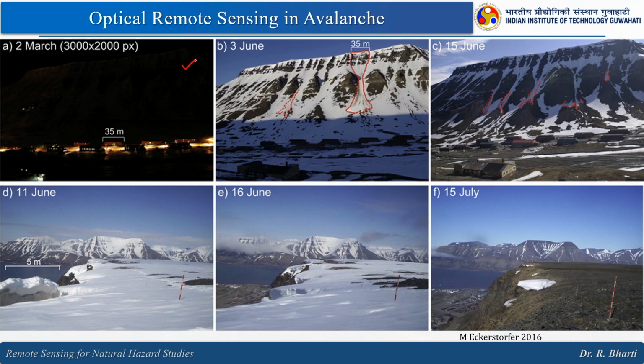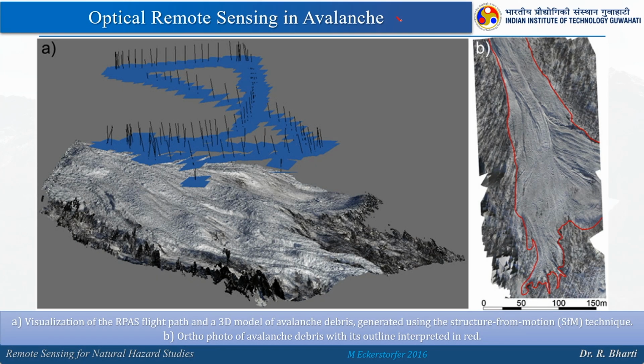So, here you can see some examples. These images will explain the process and the location where we are talking about the avalanche activity, right. Here, with optical remote sensing in avalanche, this particular image is the visualization of the RPAS flight path and a 3D model of avalanche debris generated using the structure from motion technique, right.